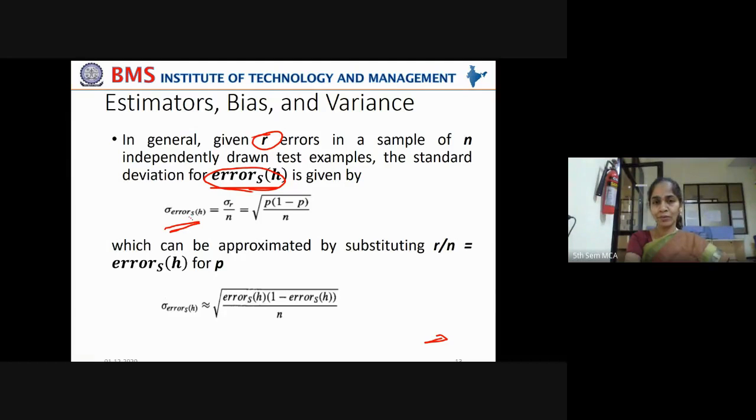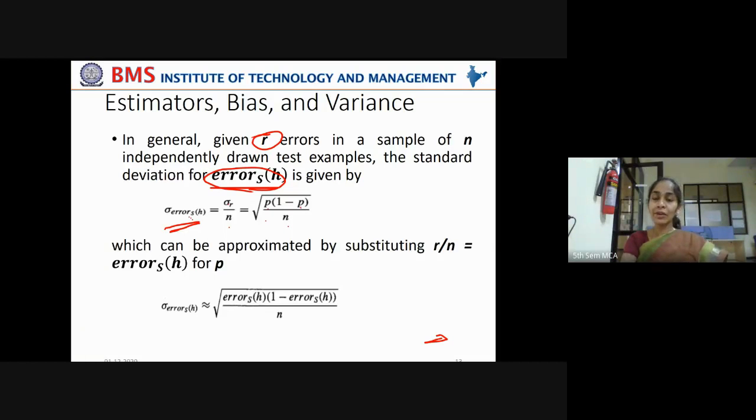Sigma of sample error is nothing but sigma r by n, meaning the standard deviation of the prediction errors divided by the total number of data points or new instances given to the machine learning model. That can be represented as square root of p into 1 minus p divided by n.